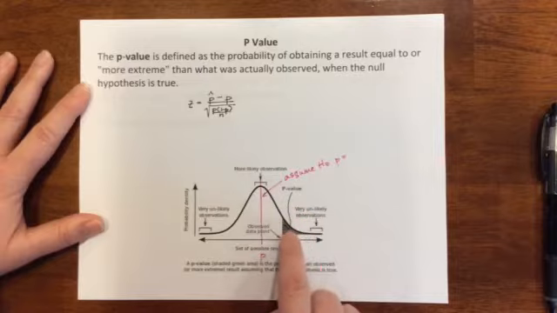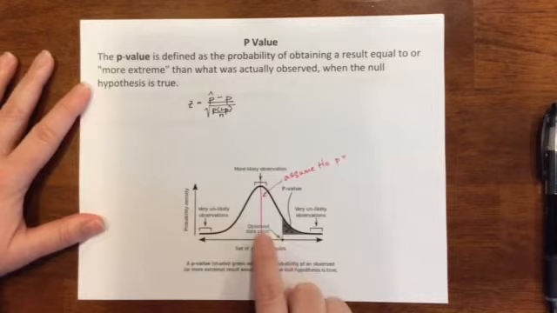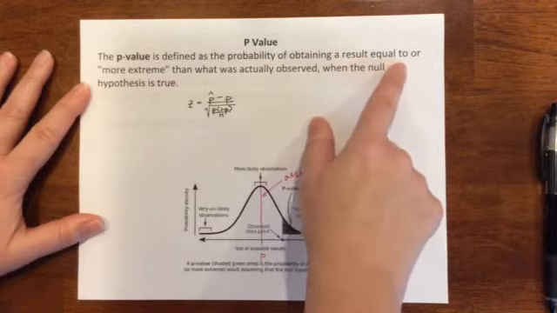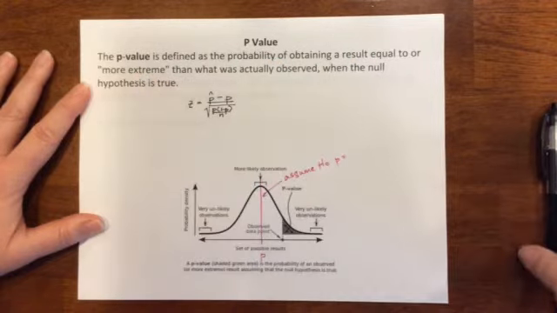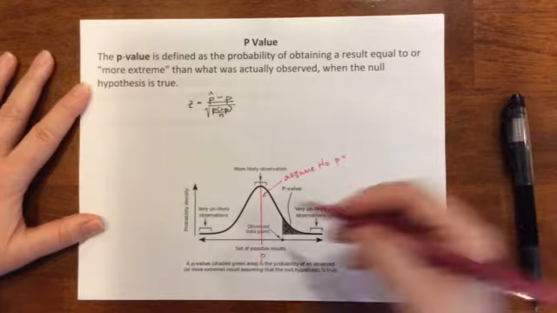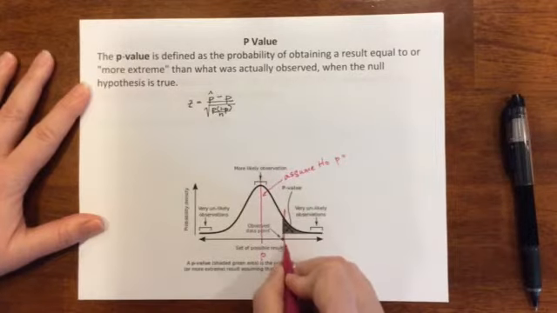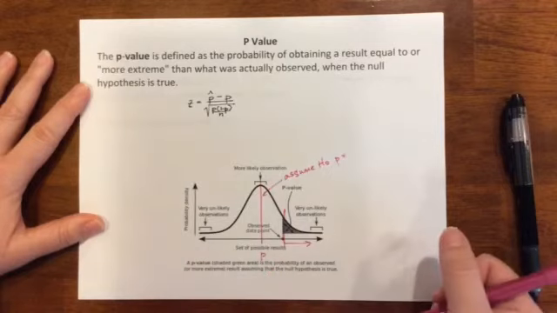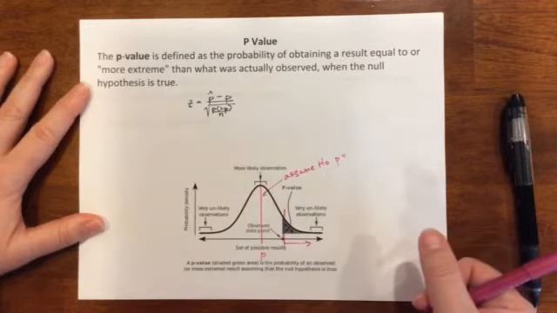If this probability from a random sample is unlikely to happen, that must mean that this cannot be true. So the definition of a p-value is the probability of obtaining a result as or more extreme, so here is your result and here's your more extreme, and the same thing for the less than side, than was actually observed when the null hypothesis is true.